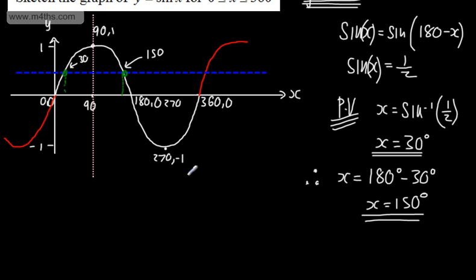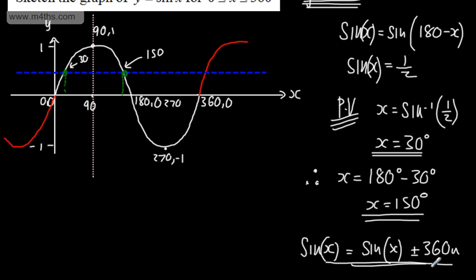All other solutions will be plus or minus 360 degrees on. So what we can say is that the sine of x will be equal to the sine of x, and then we're going to have plus or minus multiples of 360 degrees. That kind of makes sense.